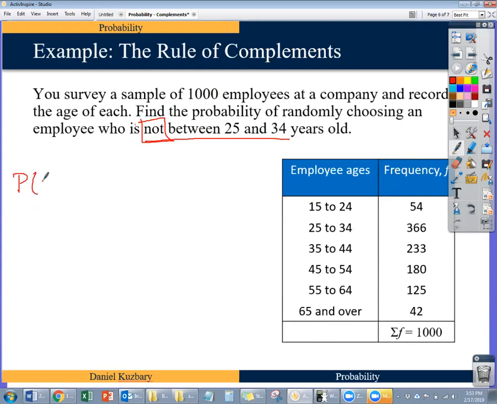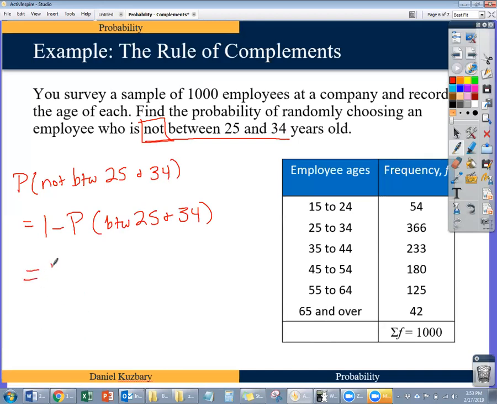So the probability that we're not between 25 and 34 is going to be 1 minus the probability that we are between 25 and 34. So I haven't even done any math yet. I just applied the complement rule.